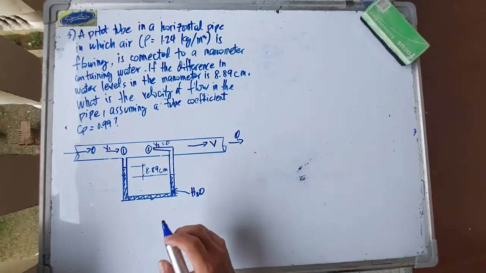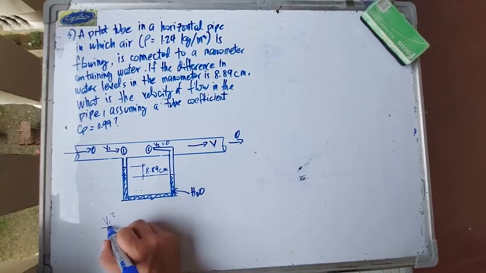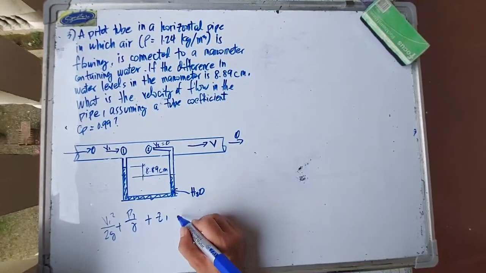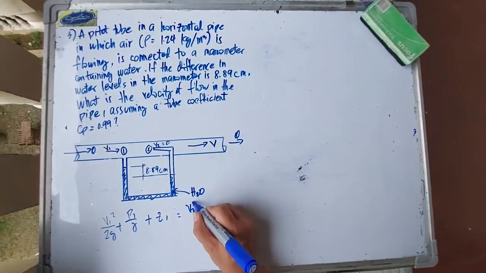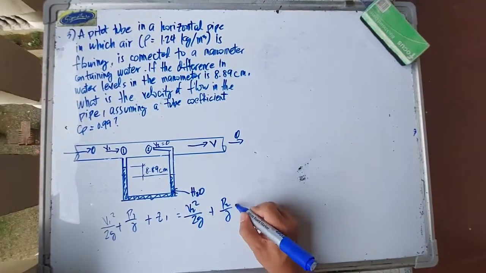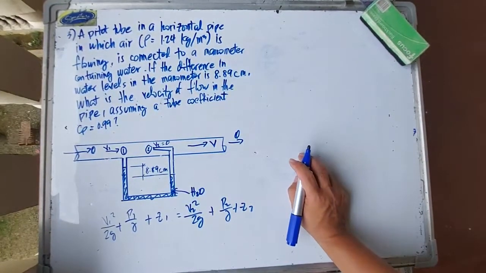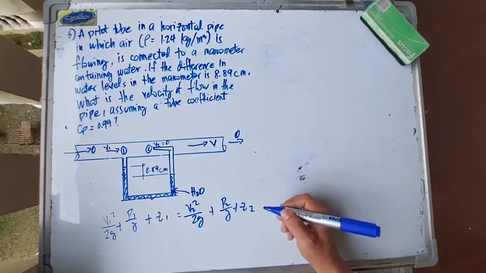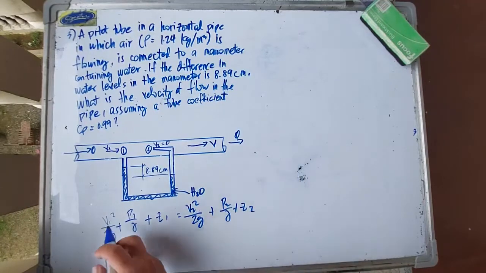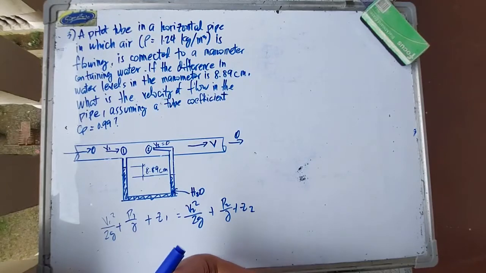Okay, so let's write the energy equation. We have V1 squared over 2g plus P1 over gamma plus Z1 is equal to V2 squared over 2g plus P2 over gamma plus Z2. We are going to neglect the loss of energy from 1 to 2, such that the velocity that will be solved later would be the theoretical velocity.